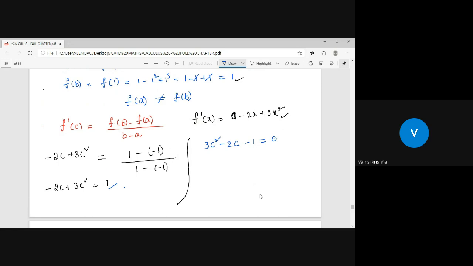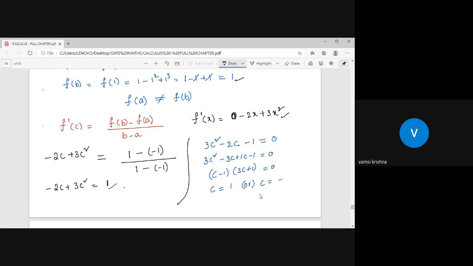Minus 3c plus 1c. 3c square minus 3c plus 1c minus 1 is equal to 0. So I think factors are c minus 1 into 3c plus 1. If c minus 1 is equal to 0, then c is equal to plus 1.